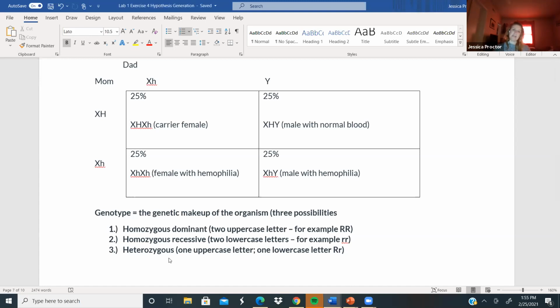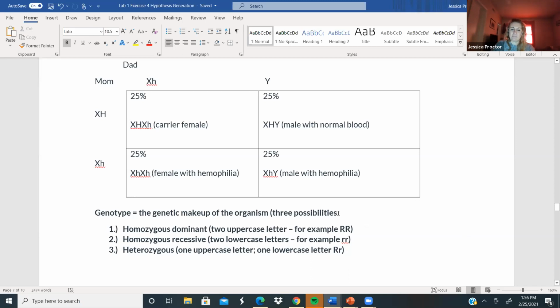Essentially, it's the combination of alleles you receive from your parents. If you have one dominant and one recessive, you are heterozygous. If you get a dominant allele from both parents, in this case a big R from mom and a big R from dad, then you are homozygous dominant. If you receive a recessive allele from mom and dad, two little r's, then you are homozygous recessive.